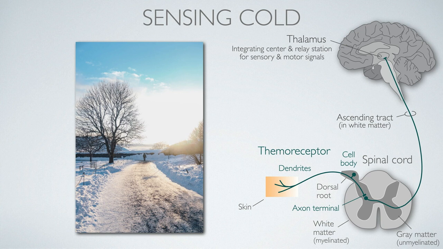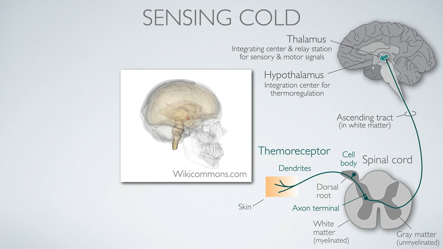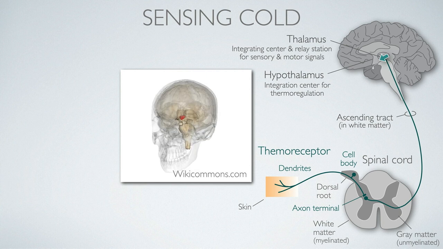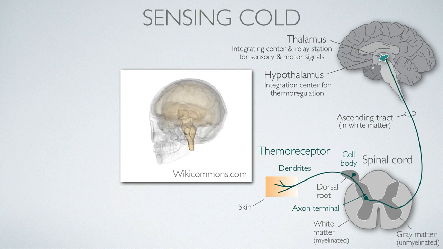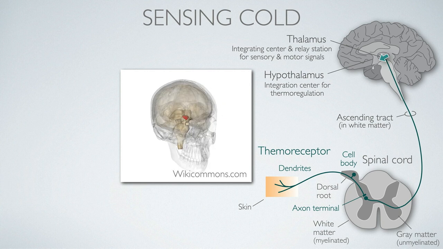In this case, the region of the brain that is then activated after the thalamus is the hypothalamus. And the hypothalamus is the integrating center for thermoregulation. Here's a CT scan of a skull, and we have the hypothalamus highlighted in red there. It's a little heart-shaped piece of the brain.